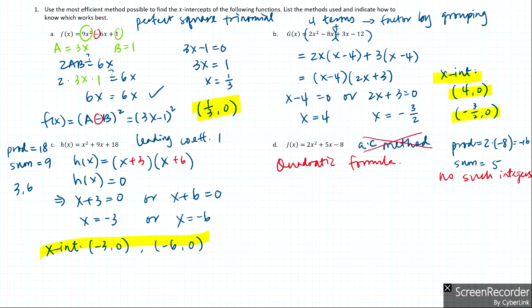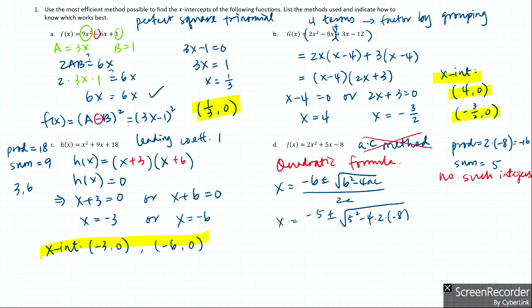And now moving on to the quadratic formula, I want to write down the formula one more time. Negative b plus or minus the square root of b squared minus 4ac, all over 2a. Once we do this, we're going to get negative b, which is negative 5, plus or minus the square root of b squared, which is 5 squared, minus 4 times a, which is 2, times c, which is negative 8, and then divided by 2a, which is 2 times 2.